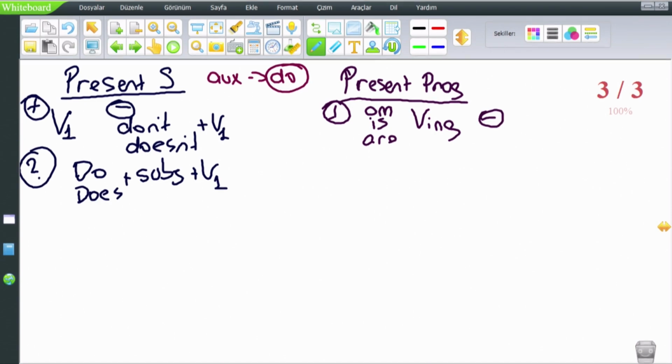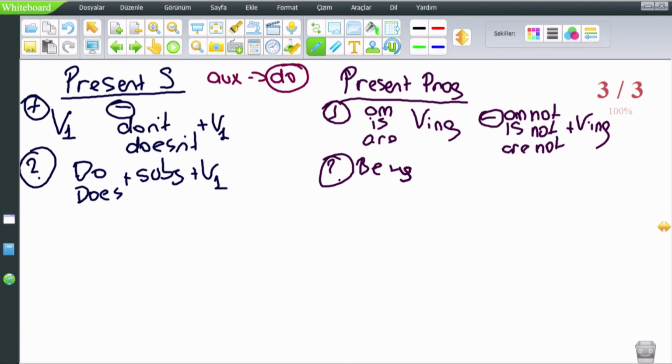If I want to create a negative sentence, I will just add not to the be. And in the question sentence, we start with be, subject, and verb ing. So our auxiliary verb in present progressive is be.